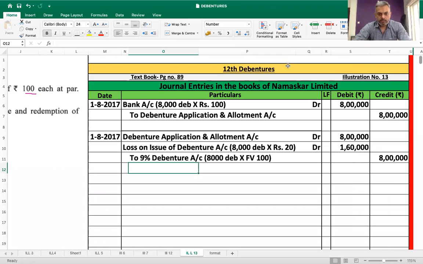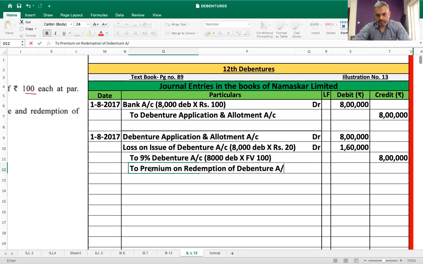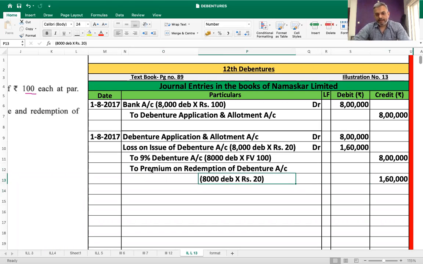Next effect, what we are going to give is basically a liability account. So to premium on redemption of debenture account. Write in the bracket 8,000 debentures into rupees 20. This is a liability account. So 1,60,000. So please be careful.